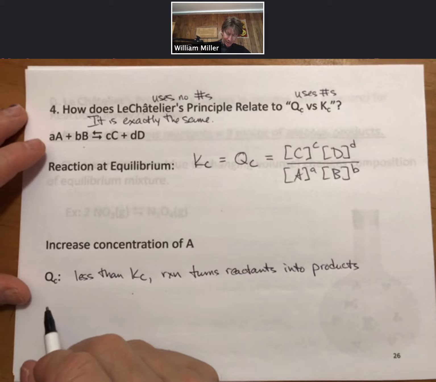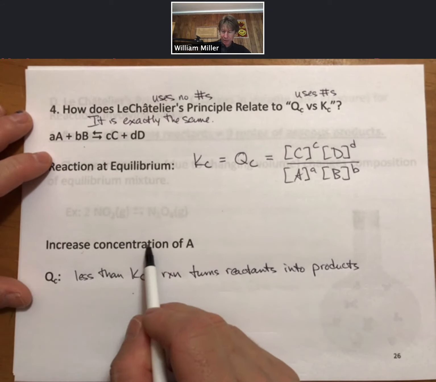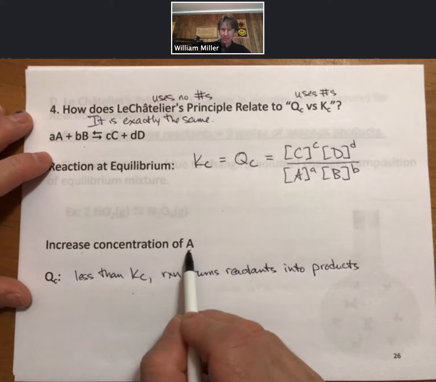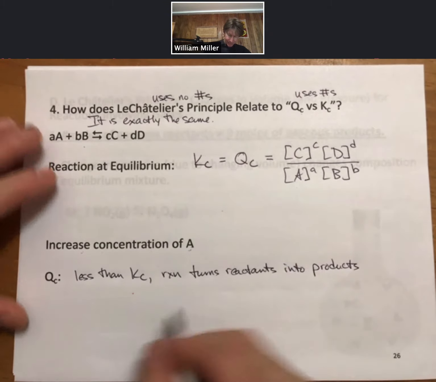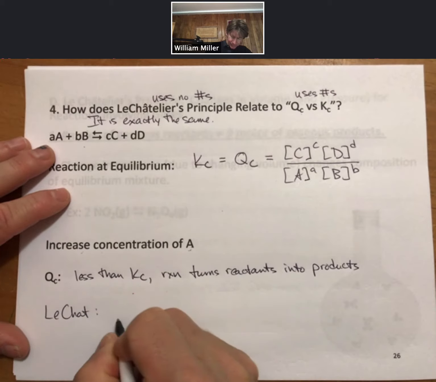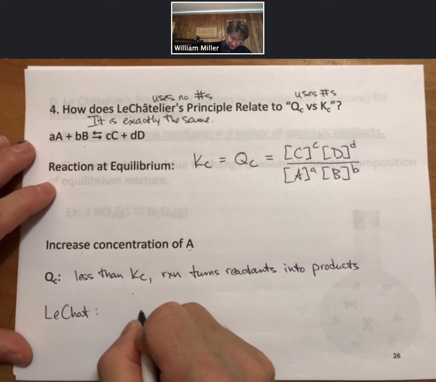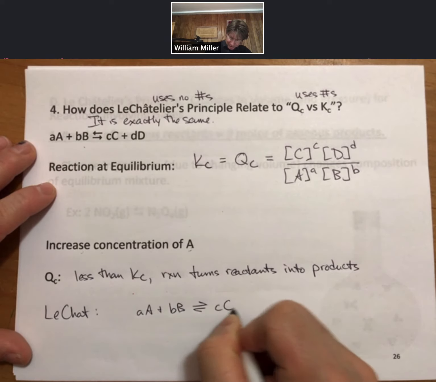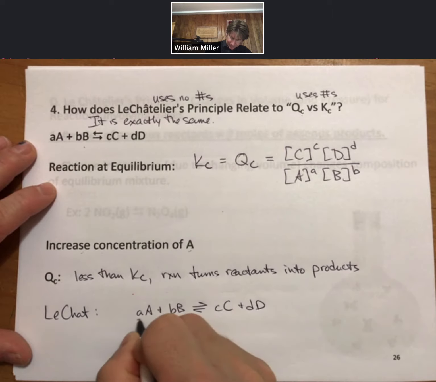And so, again, Le Chatelier's principle would say the same thing. If we increase the concentration of A, so here, Qc and then Le Chatelier, we would have aA plus bB goes to cC plus dD.